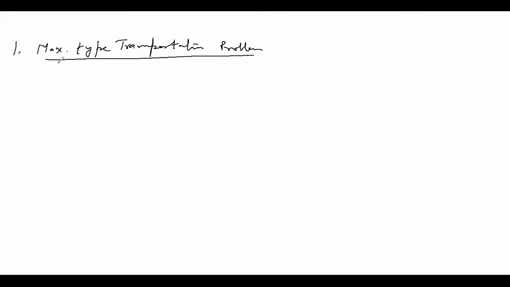In case of maximization transportation problem, just as in the linear case, you just have to consider that Zij minus Cij is greater than or equal to 0 for optimality. So if Zij minus Cij's are greater than or equal to 0 for all ij, then we say the solution is optimum for the maximization transportation problem.